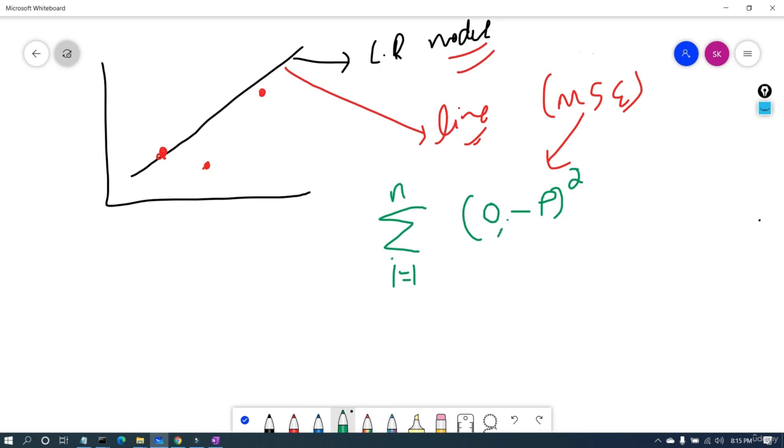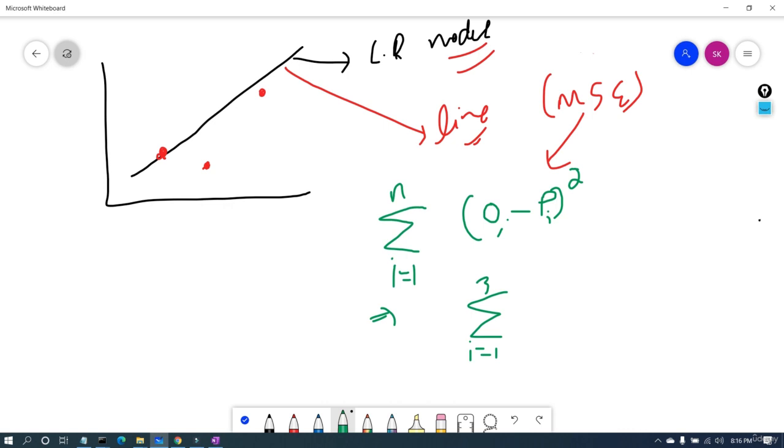For each of these data points, we calculate the observed and predicted values. In this case, if I compute this formula for our model, i goes from 1 to 3, because we have 3 data points, so n equals 3.